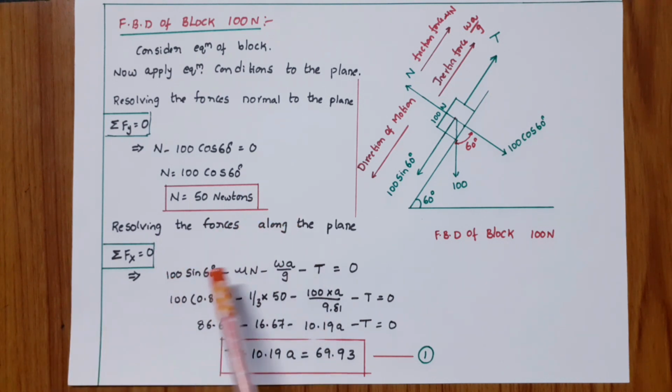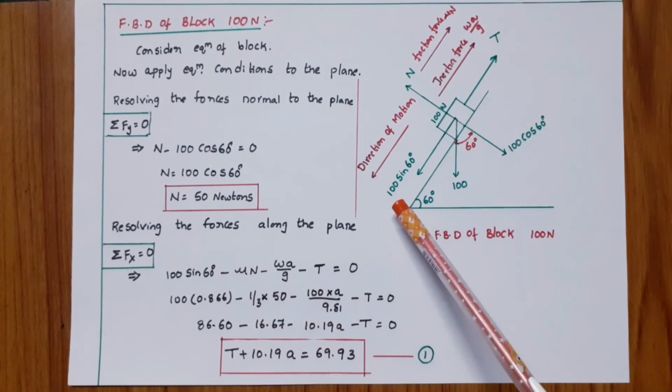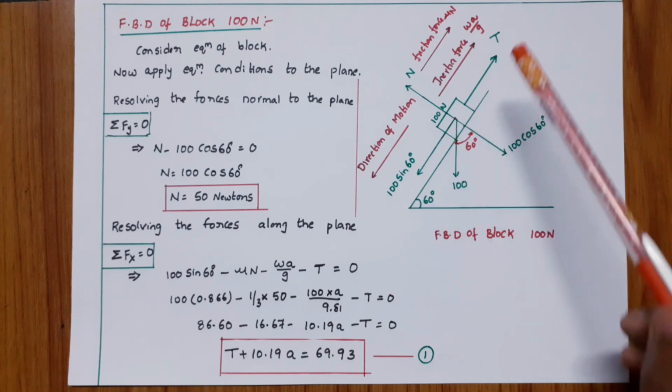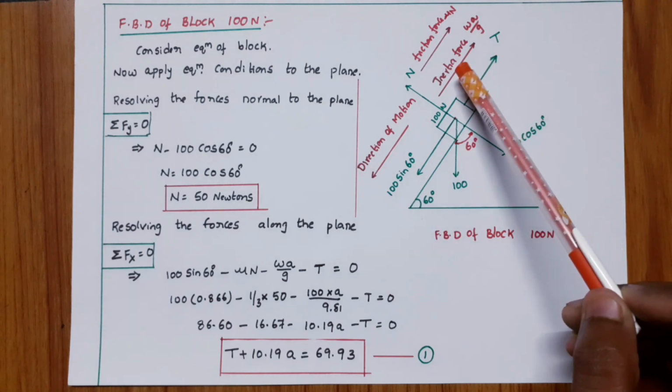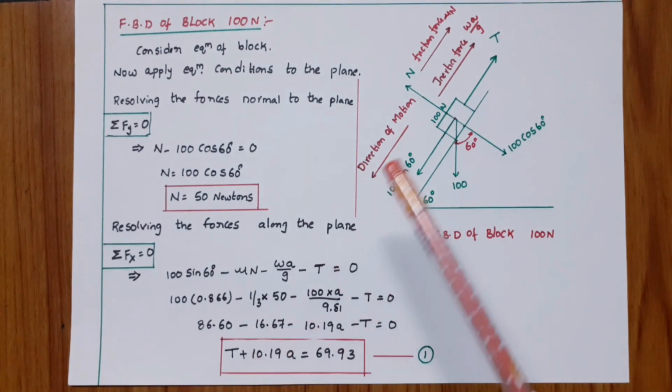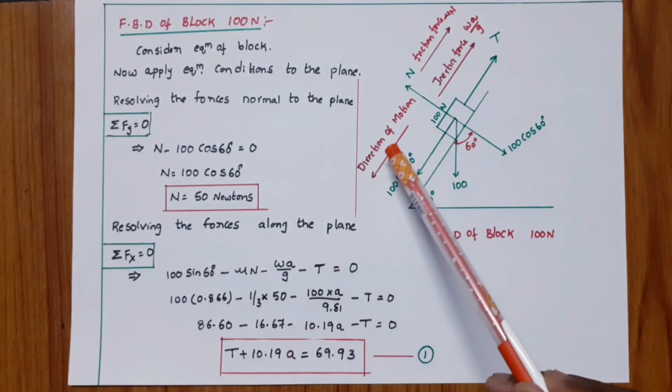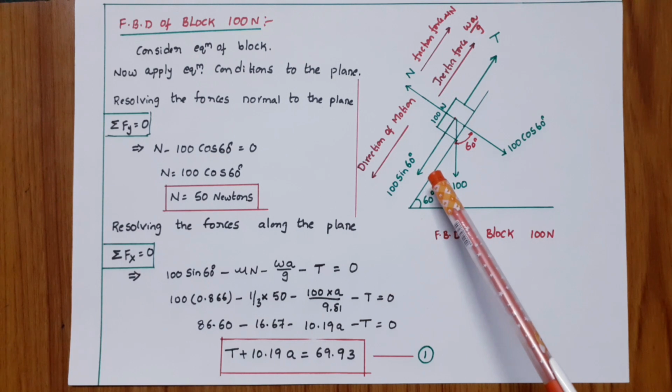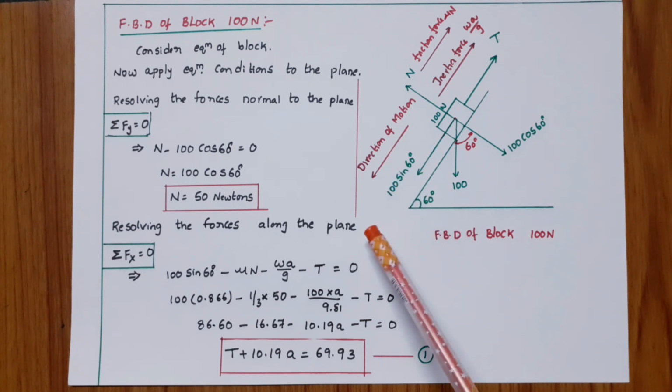Now resolving the forces along the plane. Sigma Fx equal to 0. The forces along the plane are 100 sin 60, tension force, inertia force and friction force. 100 sin 60 is the force in the direction of motion, so it is positive.